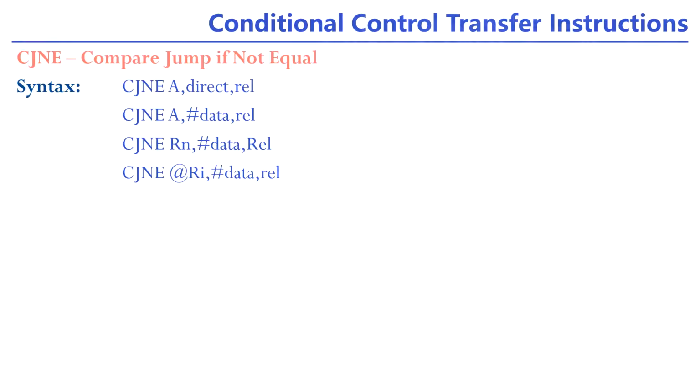CJNE @Ri, #data, relative address. So these are the four different mnemonics supported by the CJNE instruction. Here direct means any address. Here any immediate data. Here also any immediate data. Here the destination is the accumulator. Here any Rn register, bank register. Here any memory location, but it is indirectly specified.